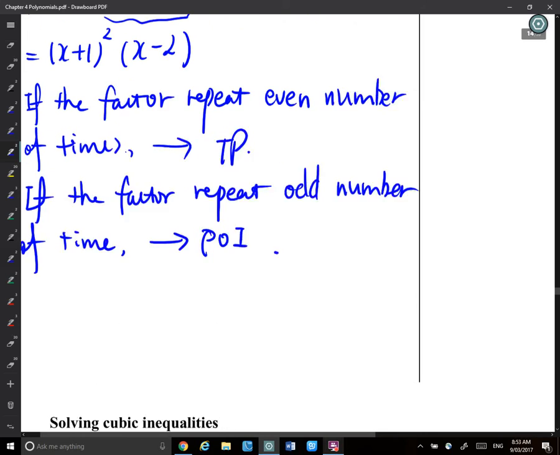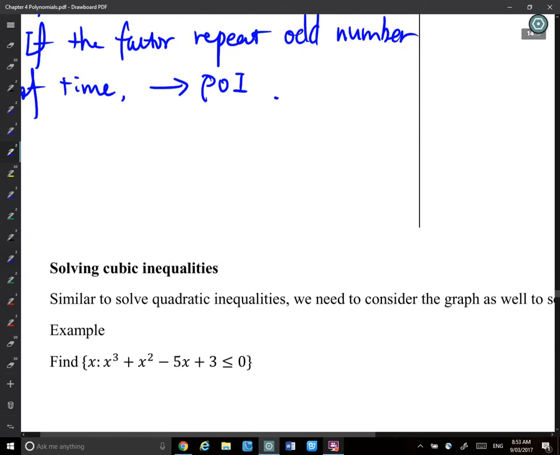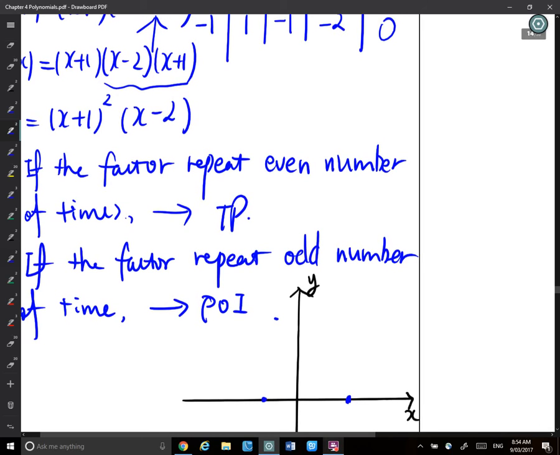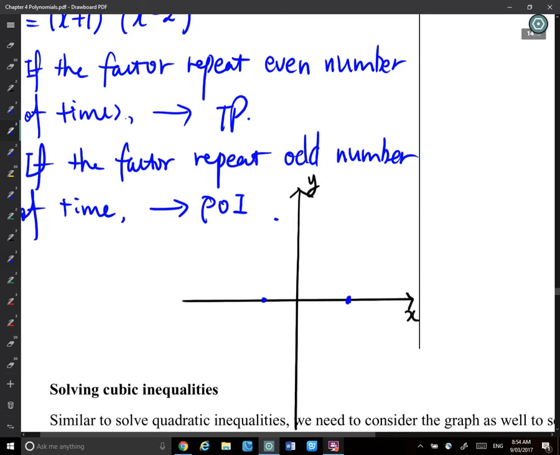I leave 2 small spaces. So I will have x-intercepts at minus 1 and positive 2. But minus 1 is the repeated factor, so you will have a turning point here.